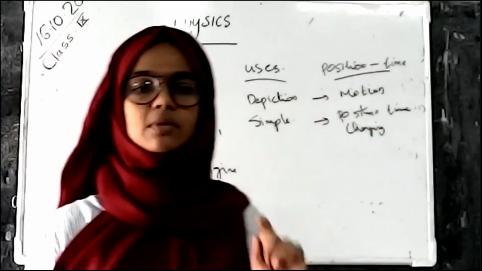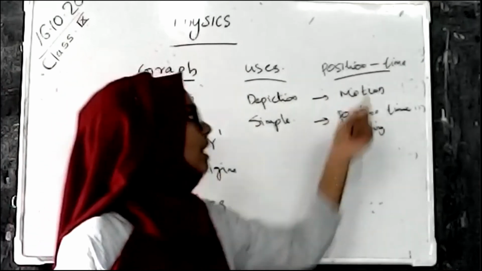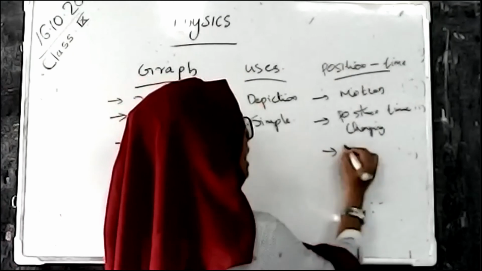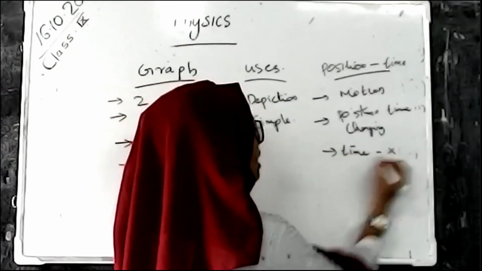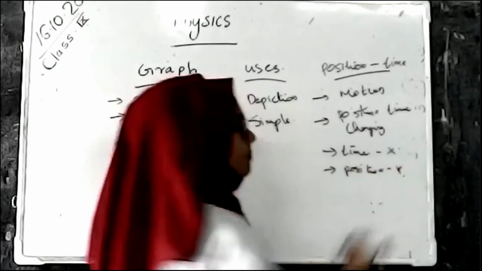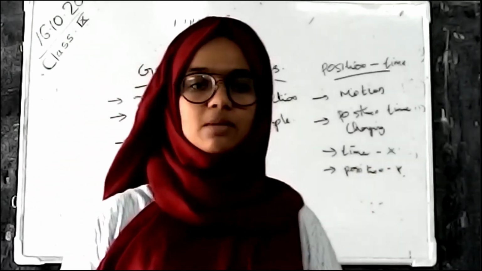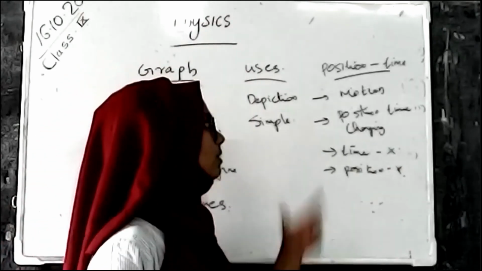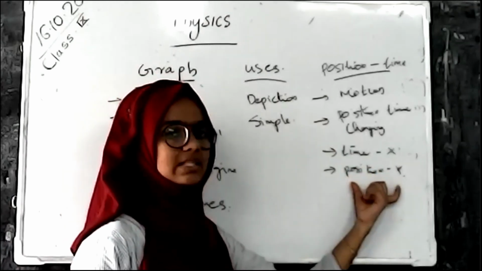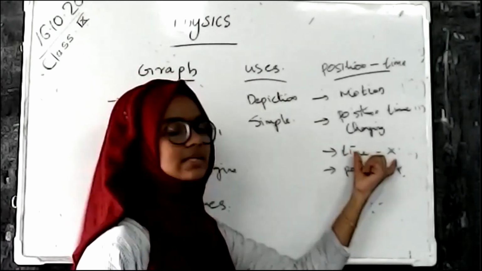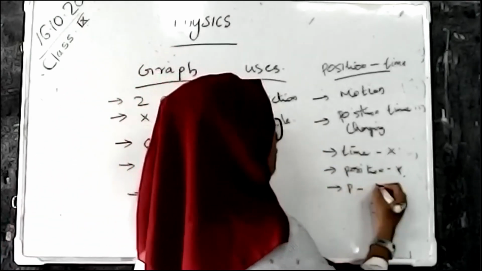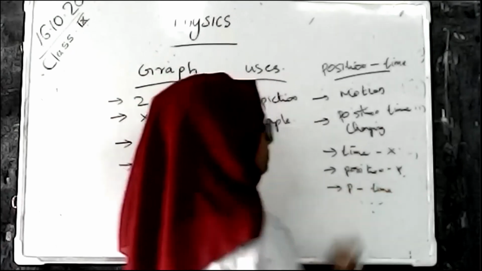And in a position time graph, we take time on the x-axis and position on the y-axis. When naming the position time graph, we put the y-axis first and the x-axis second. So the name is position hyphen time graph.